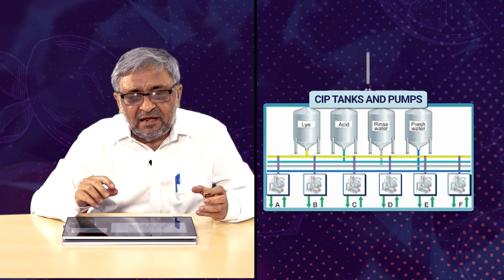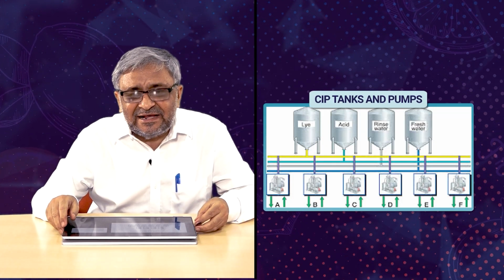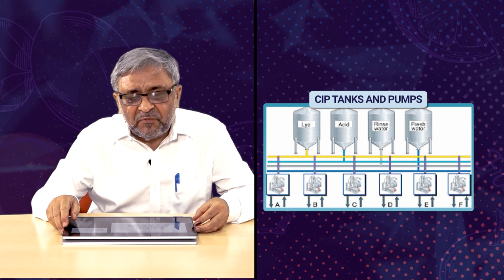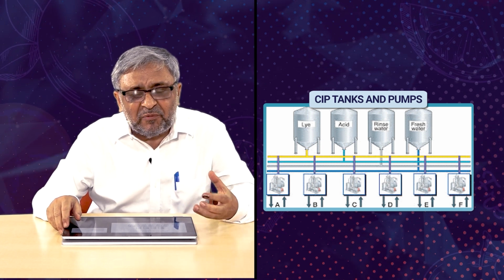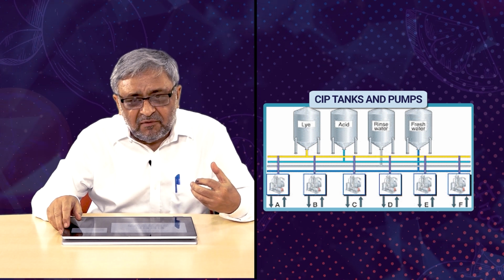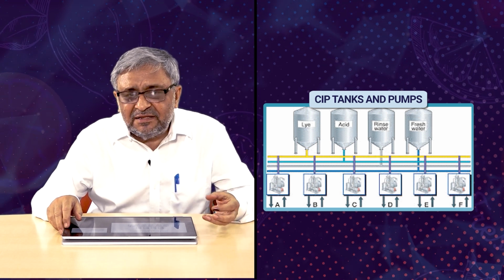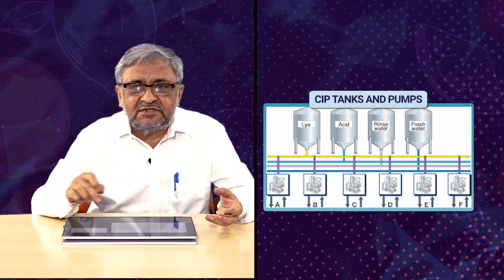So we have tanks like a lye tank, acid tank, then fresh water. They will go to the equipment and clean it one by one. The first is plain hot water, then lye, then acid, then fresh water.